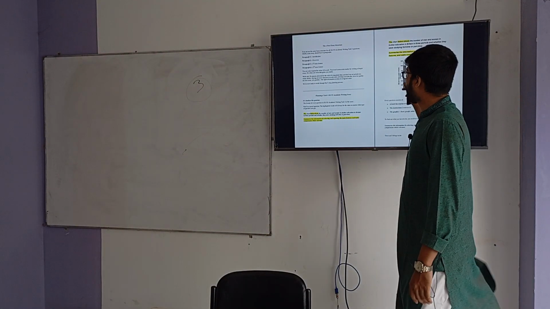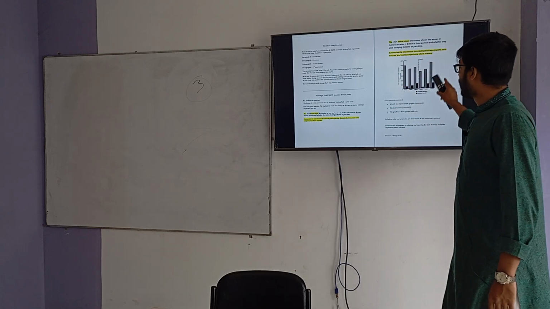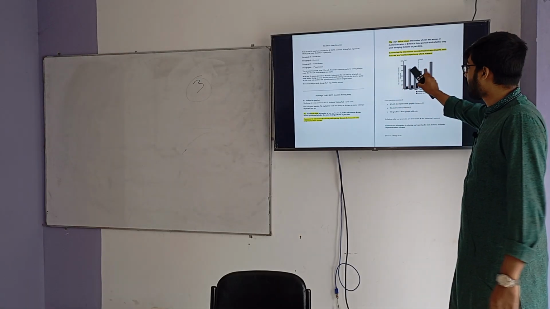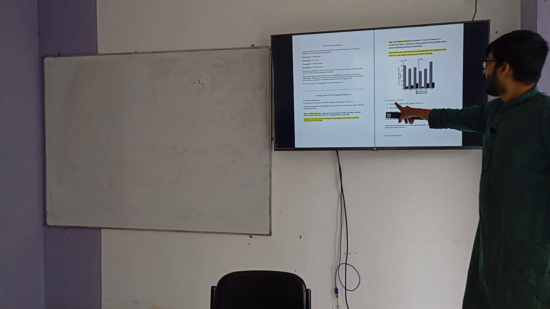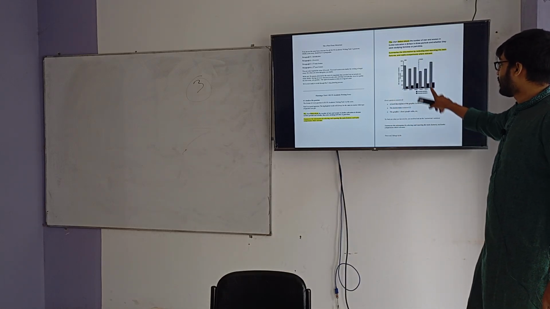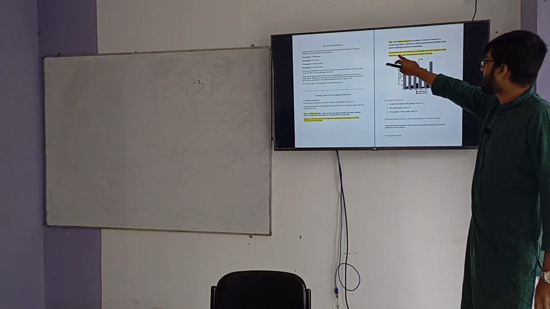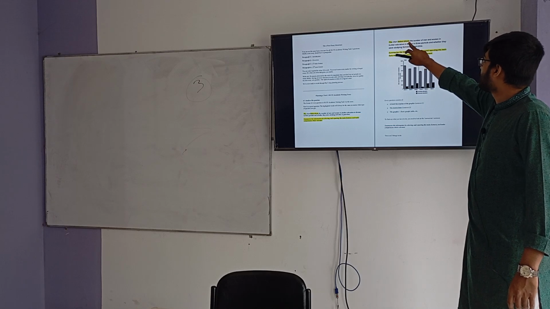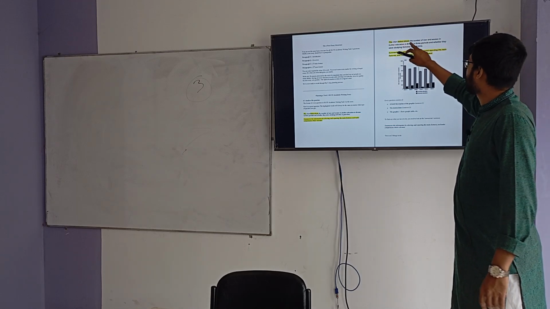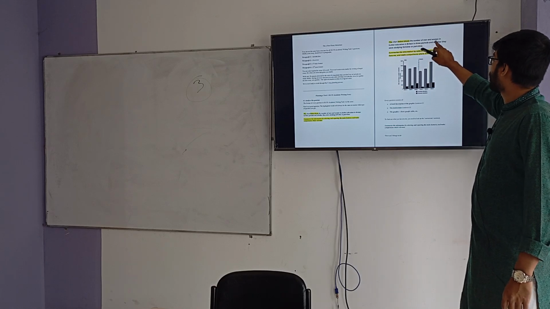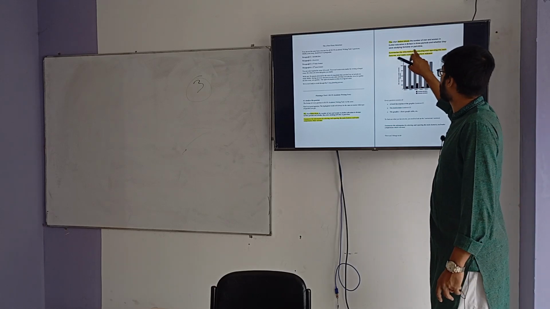Here we can see that there's a bar chart, and there are some questions and there are some answers. The question is: the chart below shows the number of men and women in further education in Britain in 3 periods and whether they were studying full-time or part-time.